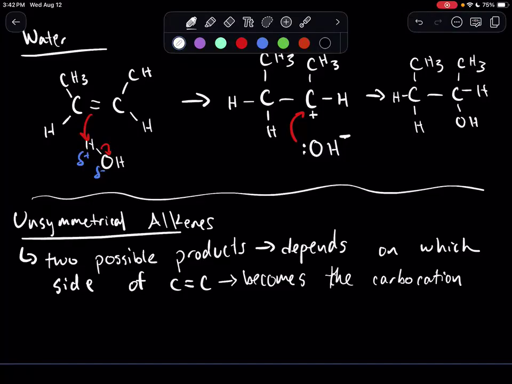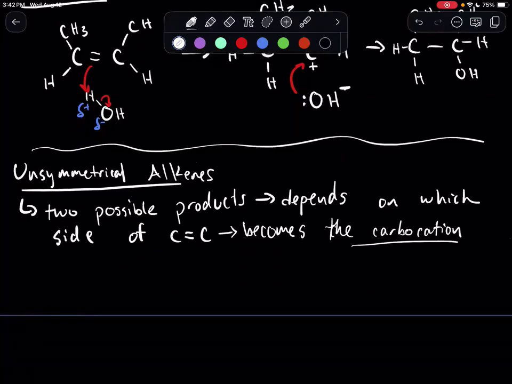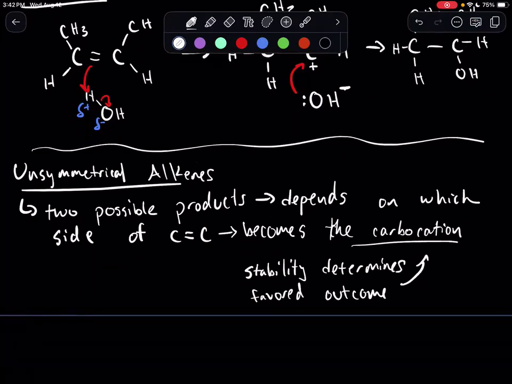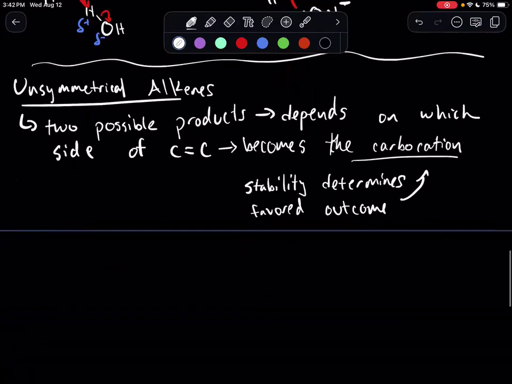And so with that carbocation, we've talked about this before, what really happens is the stability determines the favored outcome. Now, I say favored outcome because it's not the only outcome. We're going to still have both possible outcomes and both possible products. One of them will just appear a lot more than the other in solution.